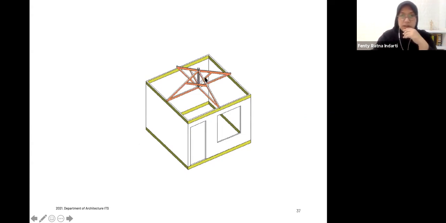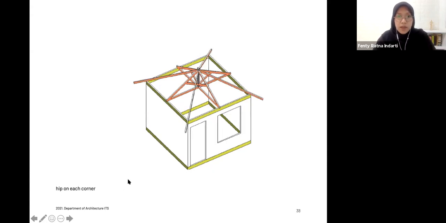I think this is what it looks like if we have a pitched roof, like a hip one, on a square building. And then after that you add a hip on each corner. So this is the rafter, and then you put hips on each side to shape the roof.